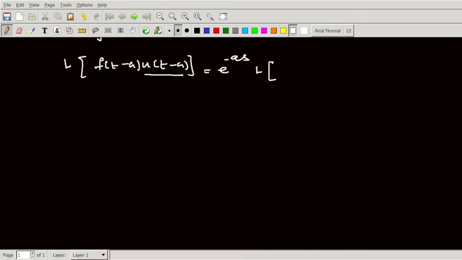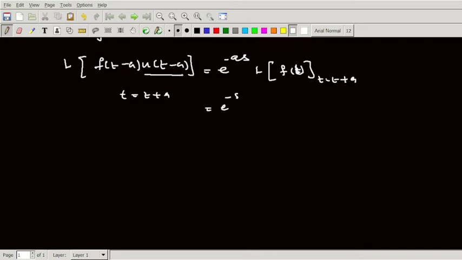First we must modify this by putting t equal to t plus a, so that we can write f of t by replacing t with t plus a. Now if we know the function, we can write the answer for this problem.